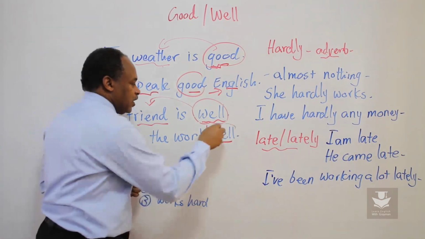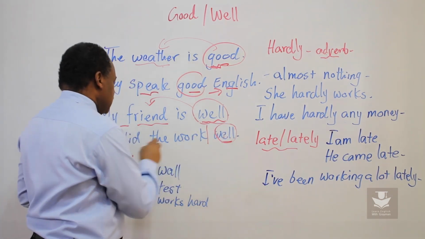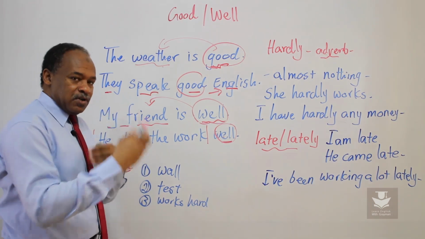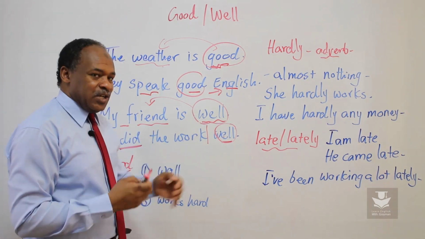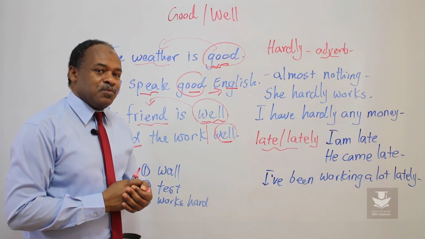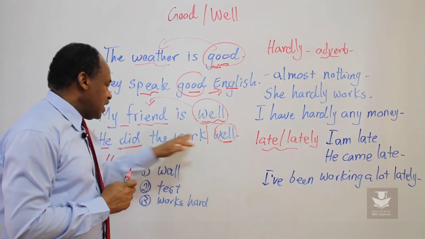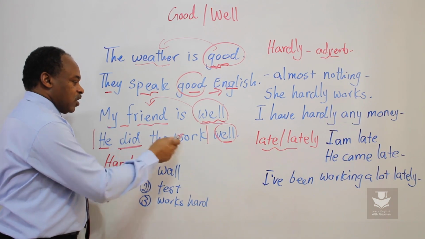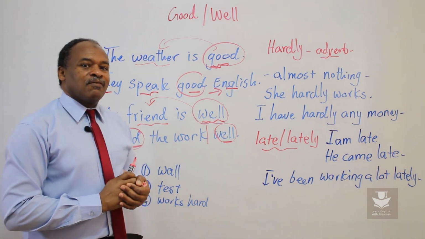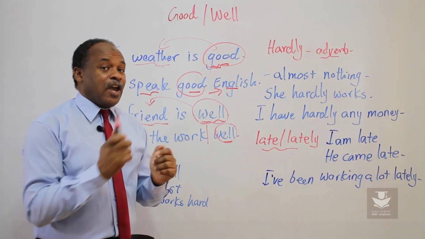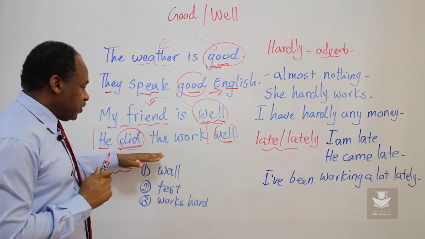So well here describes his performance, his action. So this is not an adjective. This is an adverb because it describes how this work was done, it describes did. Is that clear? Okay, let's move to another area.